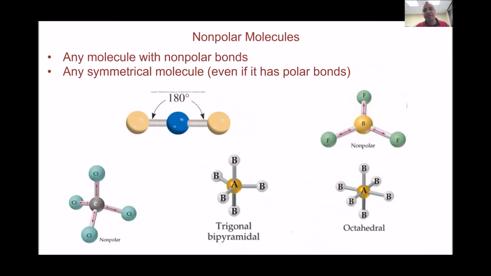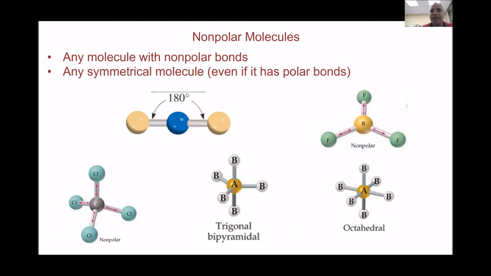So we learned how a certain bond could be polar, but in order for a molecule to be polar, it should have an overall dipole moment. This is not going to be possible if you have a symmetrical molecule.